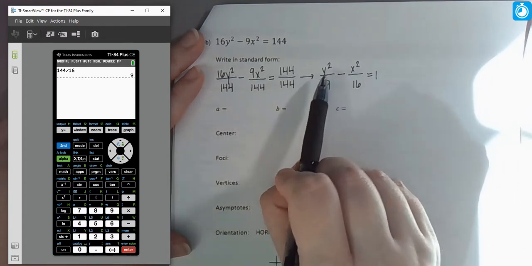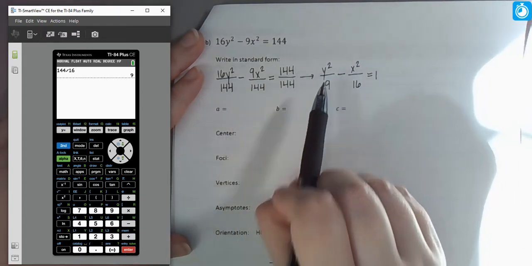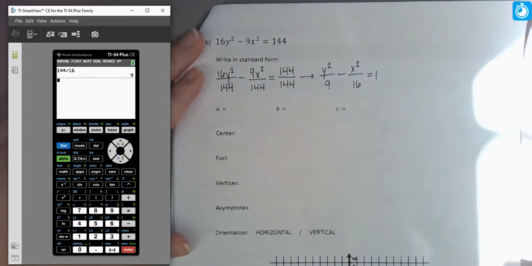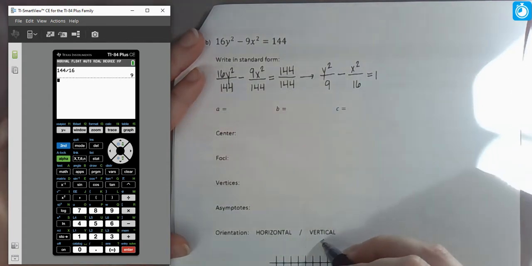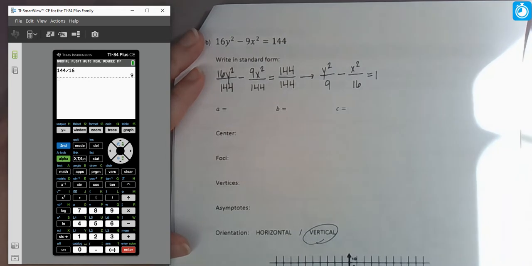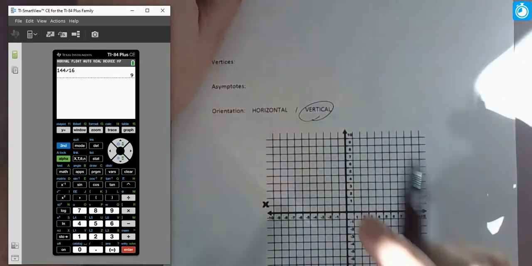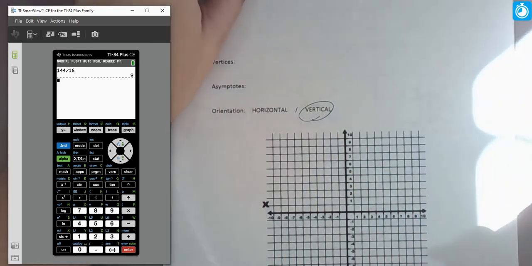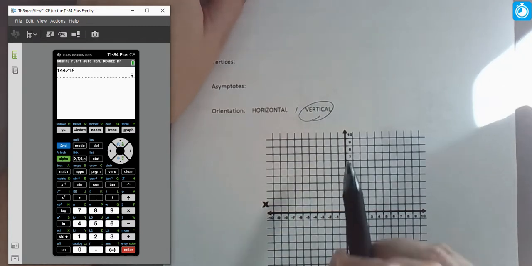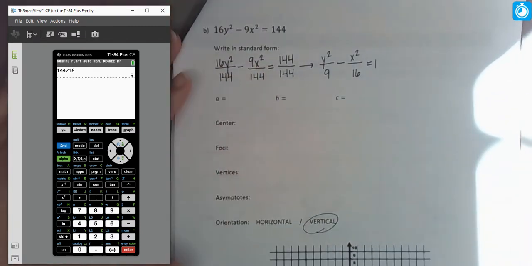Now a is always associated with the denominator for the positive term, which is the y term in this case. So if the y term is our positive term, that means we have a vertical graph. It means the branches of our hyperbola are going to be distributed vertically from one another. Our transverse axis is going to be vertical.